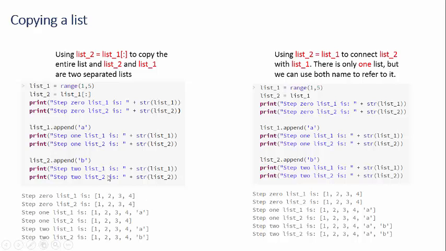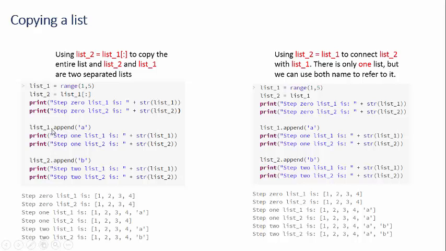Okay, then to ensure that list_1 and list_2 are fully independent, so that when you do something to list_1, nothing will change for list_2 and vice versa, let's append an element A into list_1. That is one additional operation on list_1.